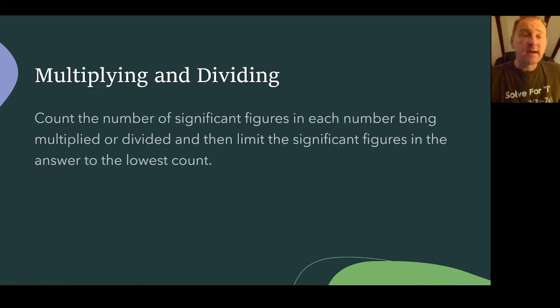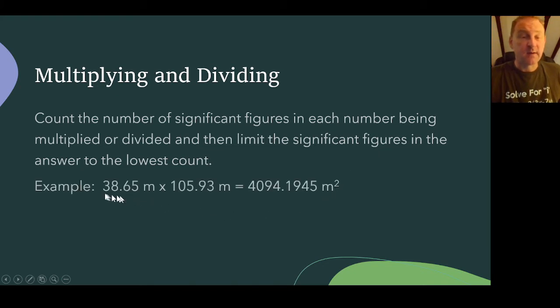When multiplying and dividing, count the number of significant figures in each number being multiplied or divided, and then limit the significant figures in the answer to the lowest count. Let's give this an example. If we're going to multiply 38.65 meters times 105.93 meters in your calculator, and I suggest you actually do this for yourself, you should get a very large number: 4,094.1945 meters squared.